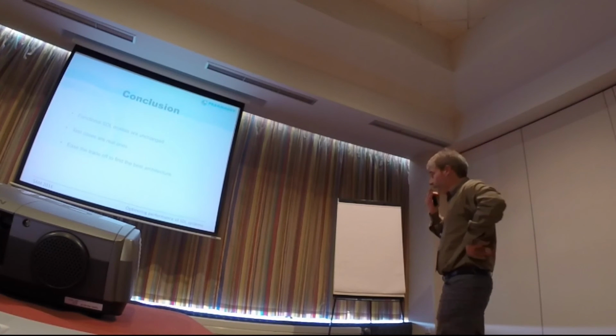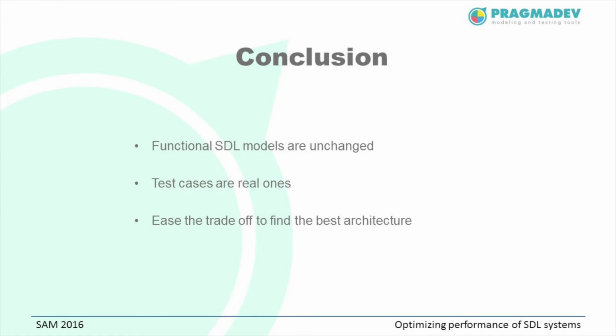So as a conclusion, what we try to do is to keep the functional SDL model, because that's what people work on in the first place. Don't change them, just add information to them. So functionally speaking, it won't change anything.